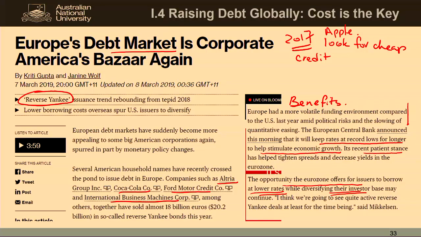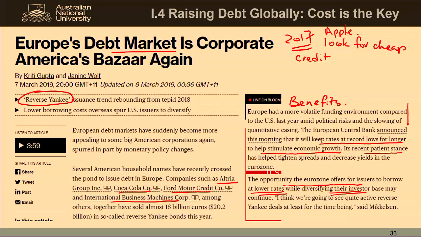Yes? Quantitative easing. Back in 2017, the Fed announced that they were going to slow down their quantitative easing program. That means they are not going to continue buying so many loans from corporate America, and they're probably going to start pushing up interest rates, right? But at the same time, the ECB announced that they're going to keep interest rates at record lows.